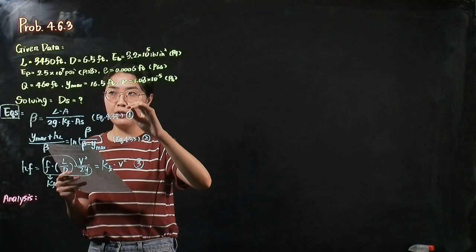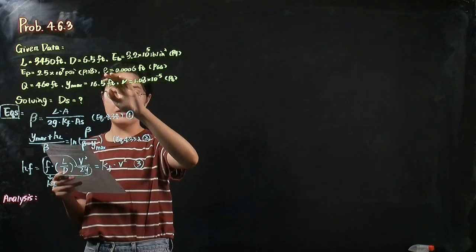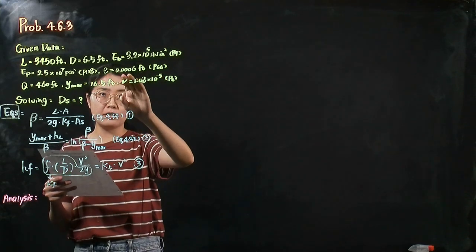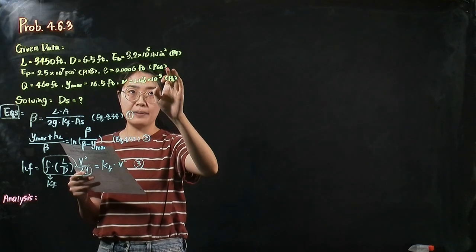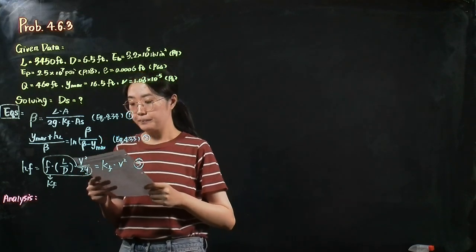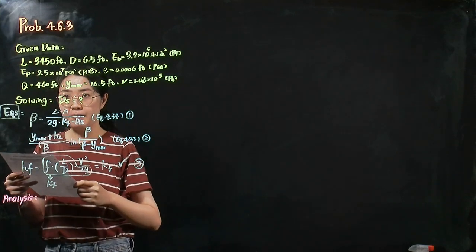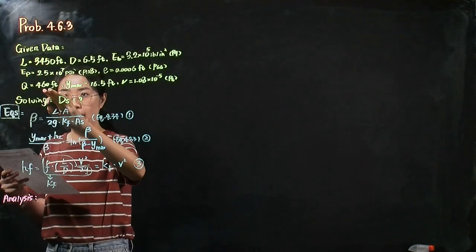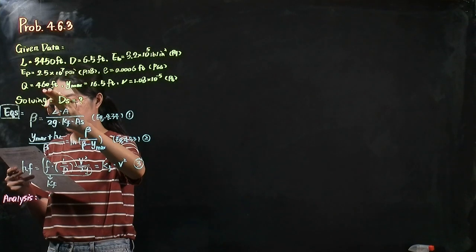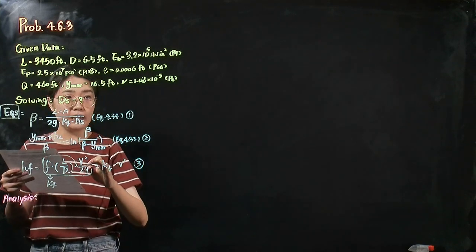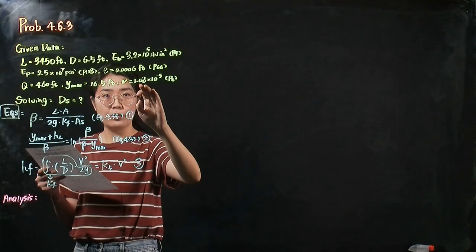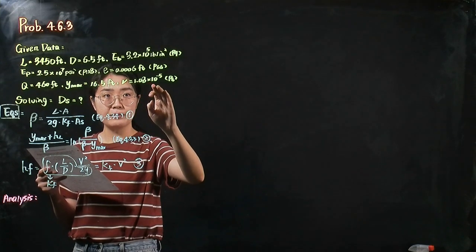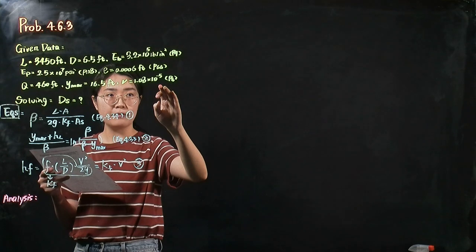And we can also find the roughness of the pipe. It equals 0.0006 feet on page 66. The flow rate in the pipe equals 460 feet. And the viscosity of the water equals 1.08 times 10 to the power of minus 5.